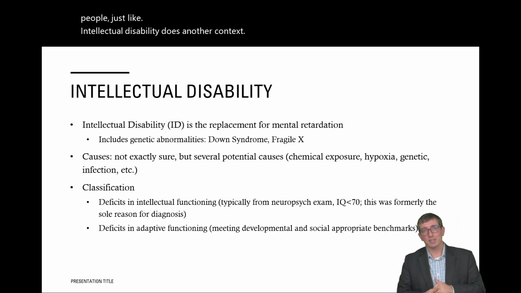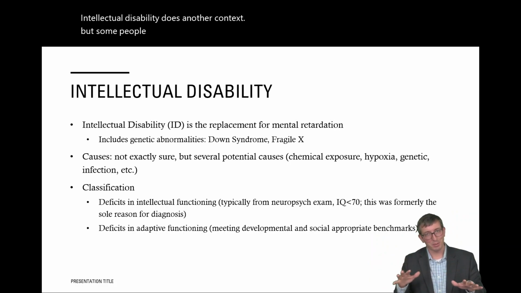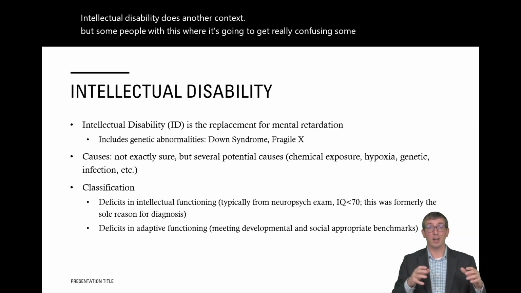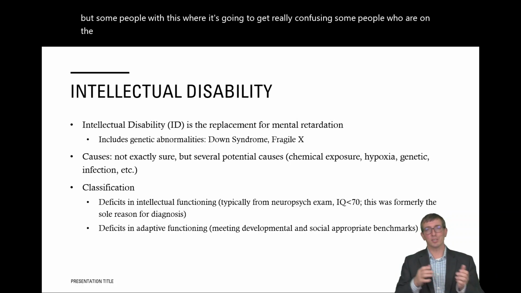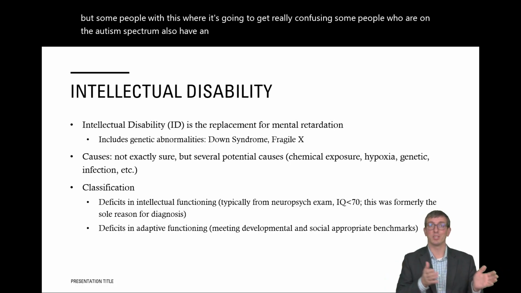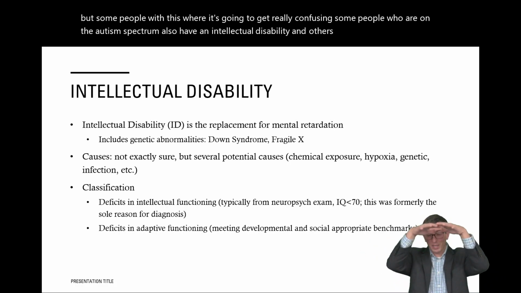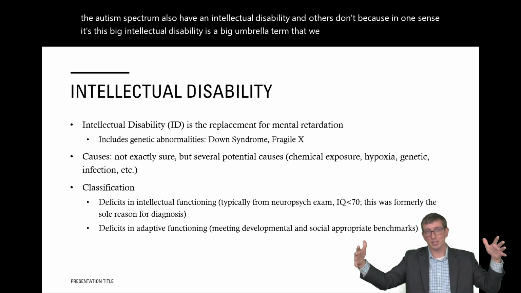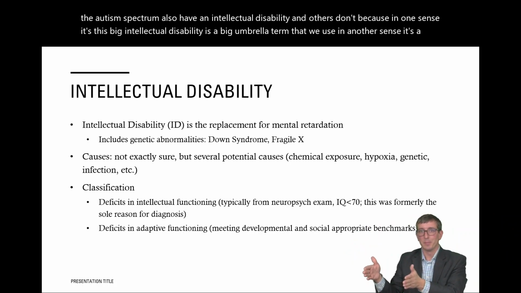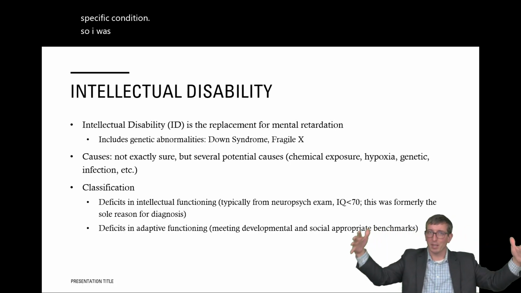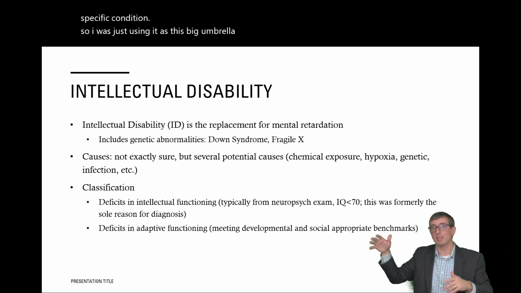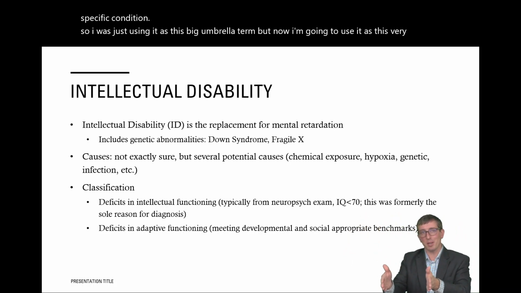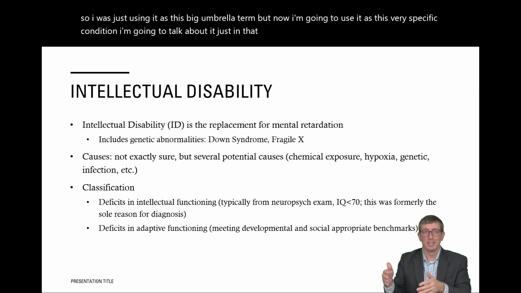But this is where it's going to get really confusing: some people on the autism spectrum also have an intellectual disability and others don't. In one sense, it's a big umbrella term; in another sense, it's a specific condition. I was just using it as a big umbrella term, but now I'm going to use it as a very specific condition, okay?